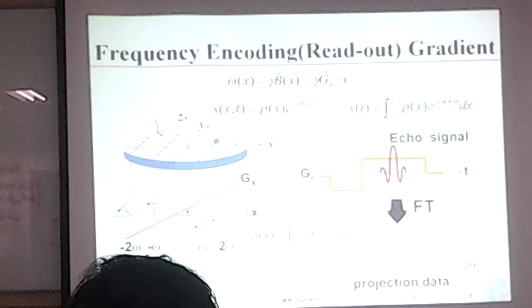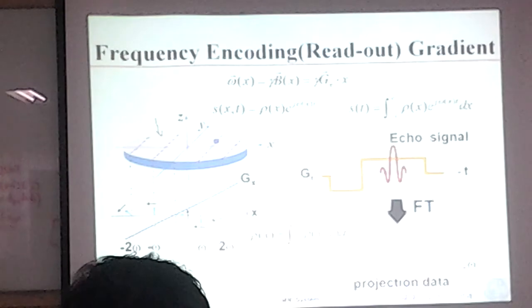And to generate the echo signal, the compensation gradient is applied before the readout gradient, and according to this compensation gradient, the peak of the echo is generated when the areas of the compensation gradient and the readout gradient are the same. For a small area of compensation gradient, the echo signal is generated at an earlier time.